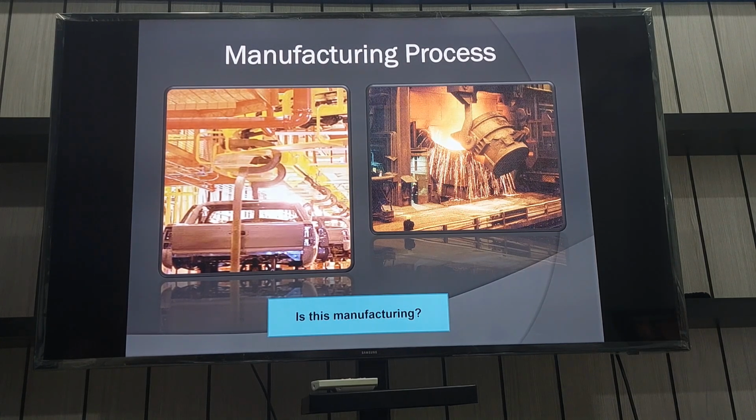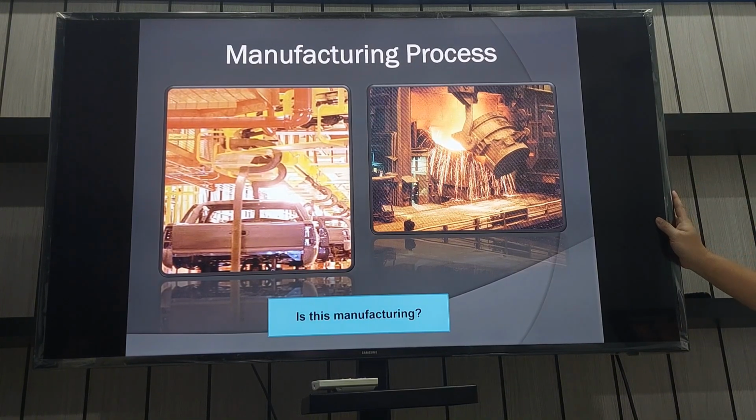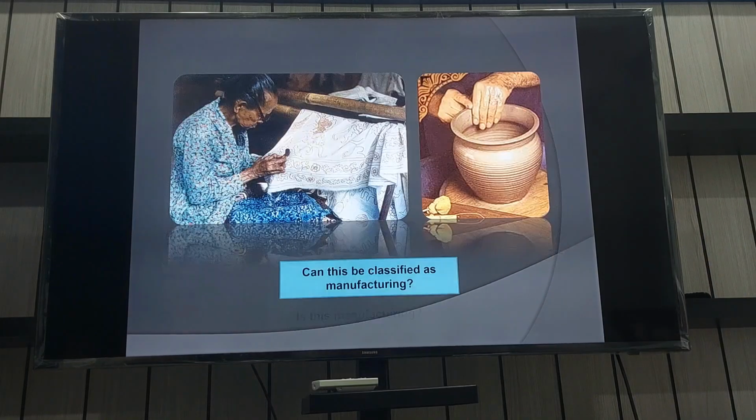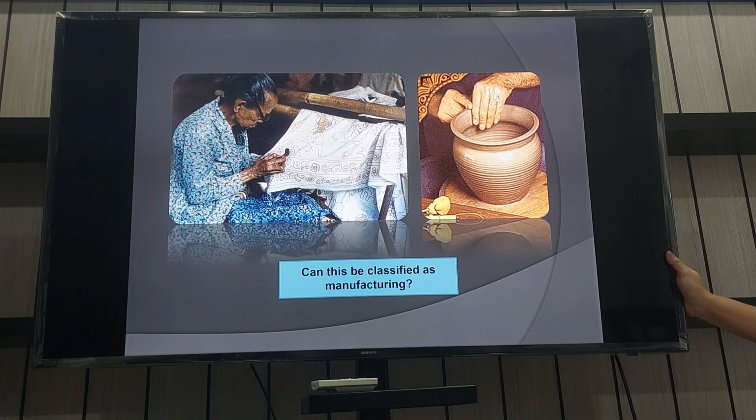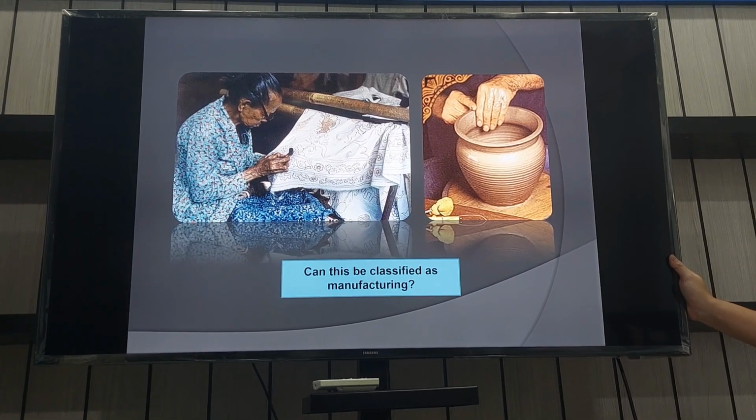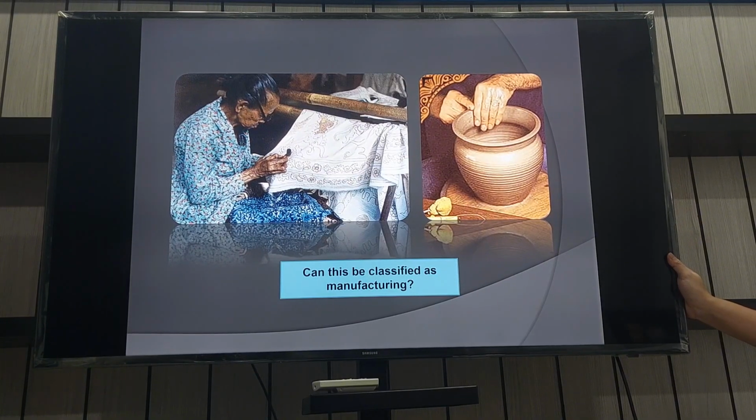First of all, if we want to identify whether this one is a manufacturing process or this one is a manufacturing process, both of them are manufacturing processes. The main difference is that in the first slide the goods are made by machines, and in the second one the goods are made by humans. But if both of these pictures are produced in mass production, we can say that both of them are manufacturing processes.